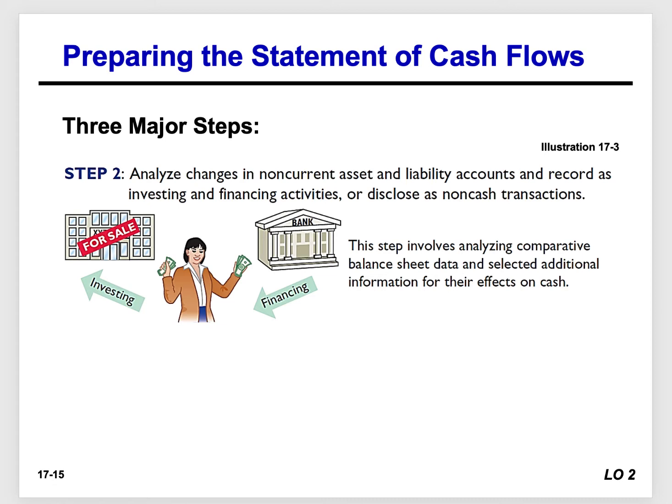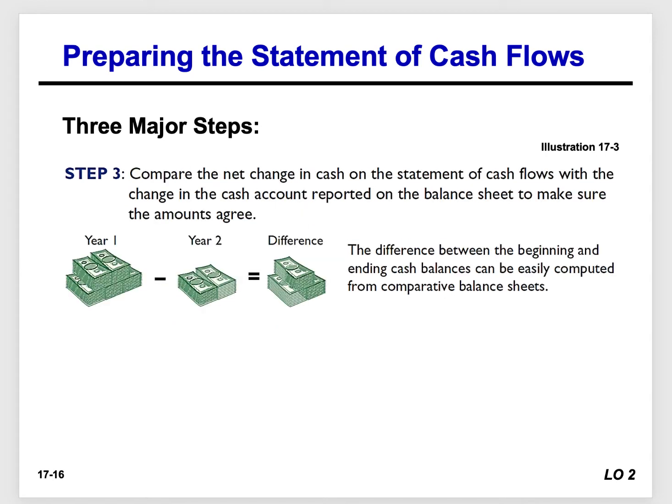So in order to do this, again, we got to go to our comparative balance sheet, and we need to also grab any additional information that we may have, and we need to determine what are the effects on cash, okay?